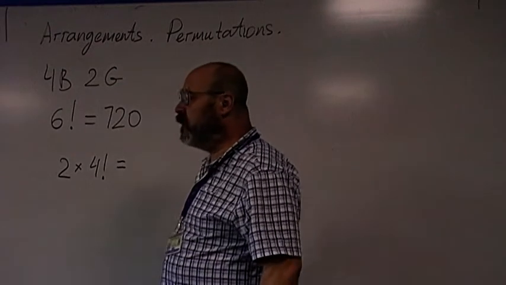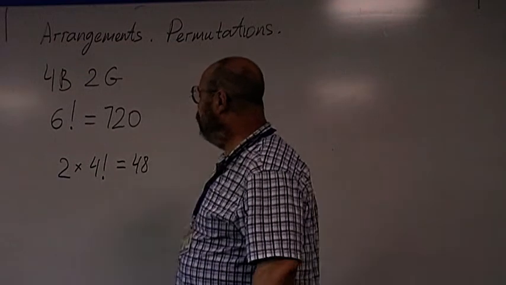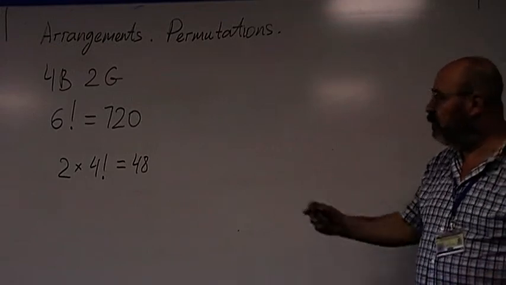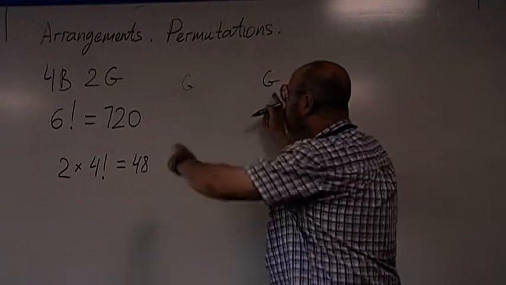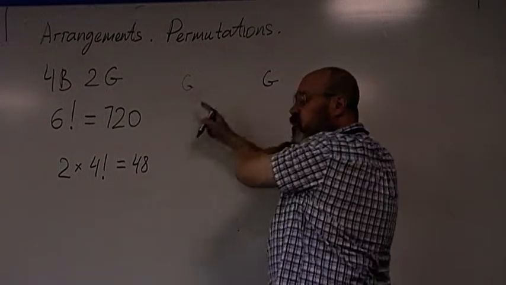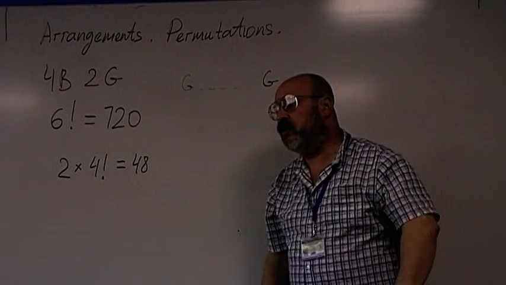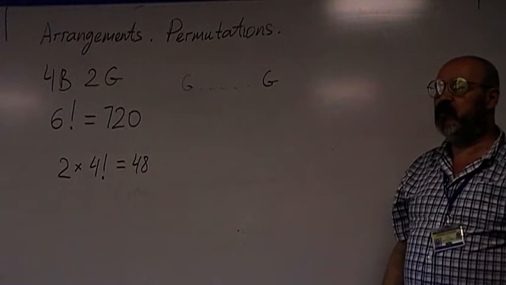So that will be 48 ways. How do we get that? Because we can sit one girl here, but there are 2 of them, so we can sit them here or we can swap them. And in between, for the 4 boys, we already calculated that there are 24 ways they can be seated.